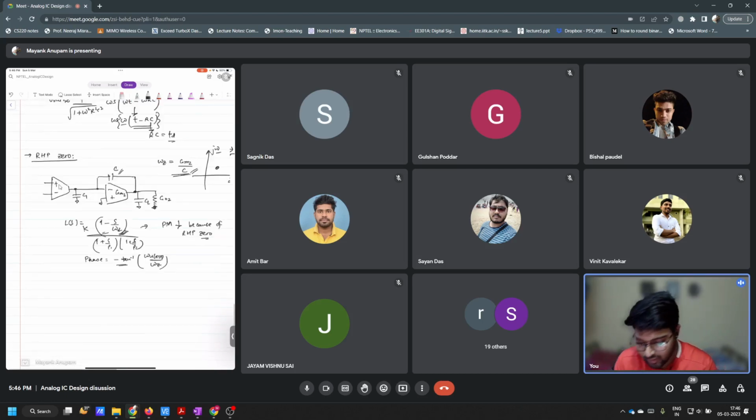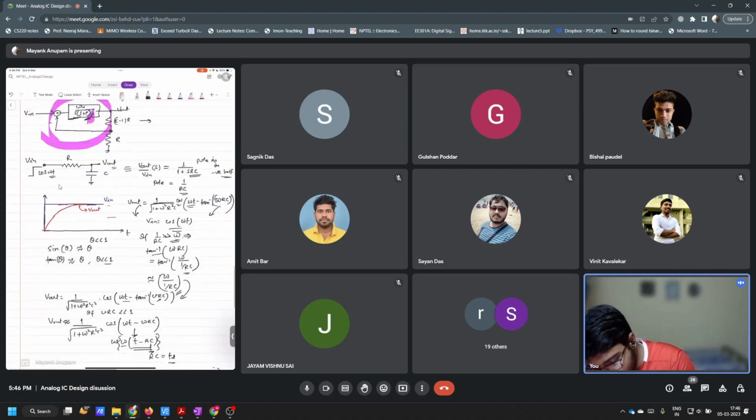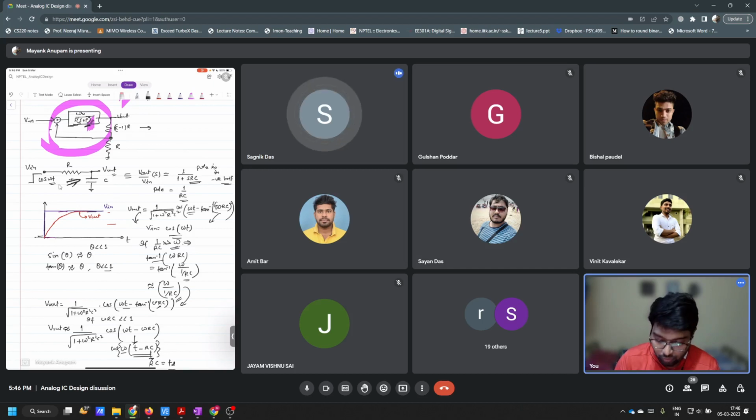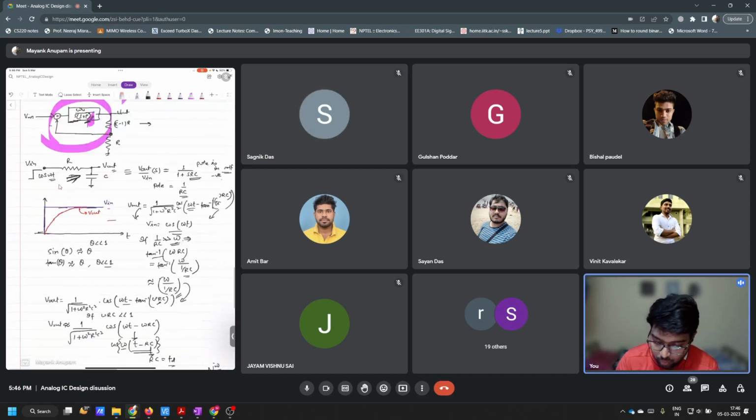Like here we understood that there is a pole in the system, right? And you can clearly see the effect of this pole when you apply a unit step. When you apply the input as a unit step, you can clearly see that the output takes some time to settle, right? Yes. From this you can understand that the pole is adding some delay.